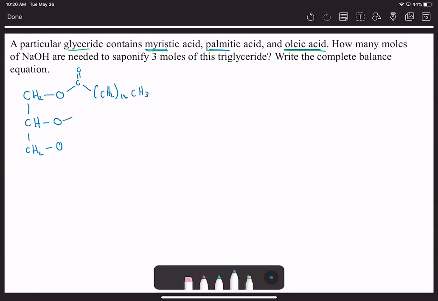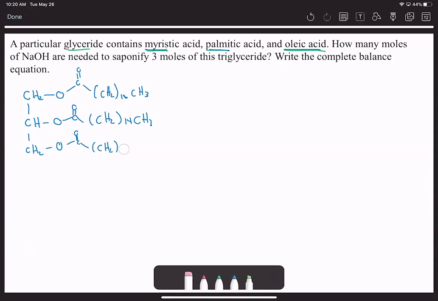And I'm going to go to palmitic acid. I'm going to put this information in here, and then I have CH2, 14 of them, and then CH3. And oleic acid, carbonyl here, and I'm going to write it backwards. So I have CH2, 7 of them.